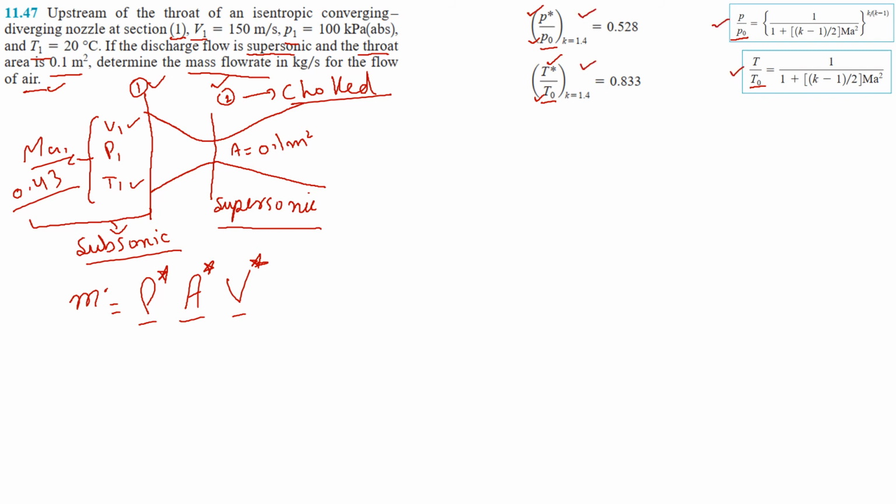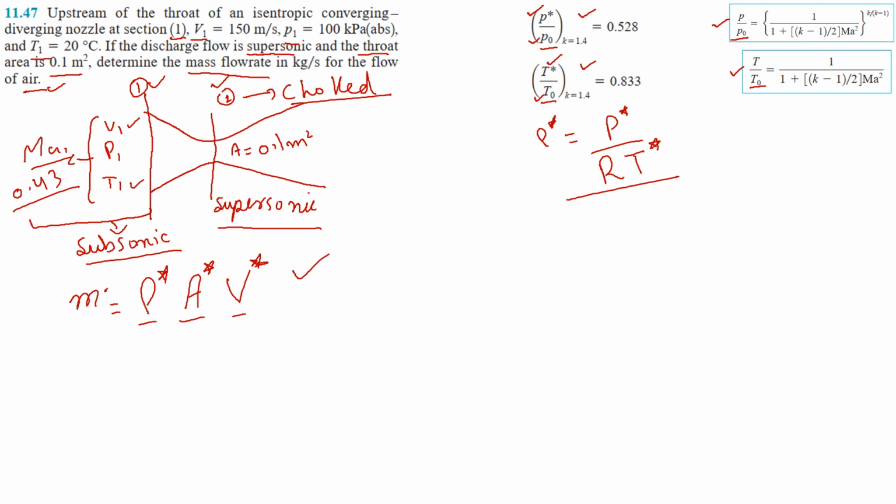The critical density will also be required, and the critical density rho will be found from this formula, that is P over R T star. So we are going to use this formula to calculate the mass flow rate. So let's do that first.